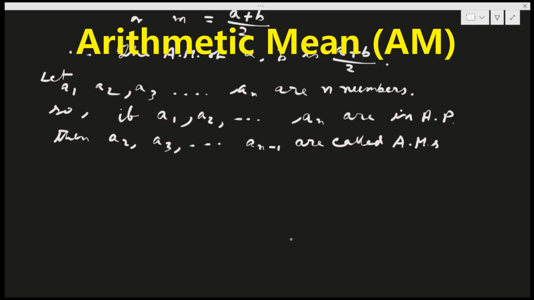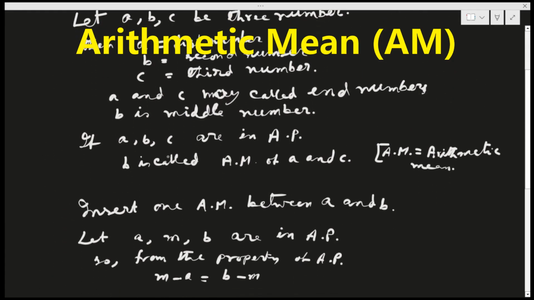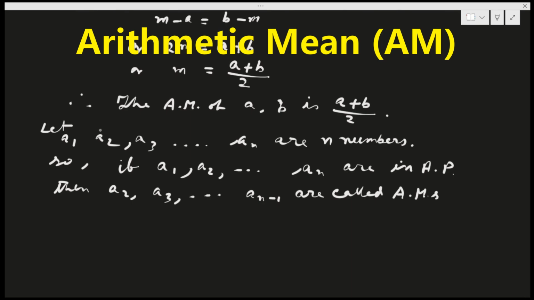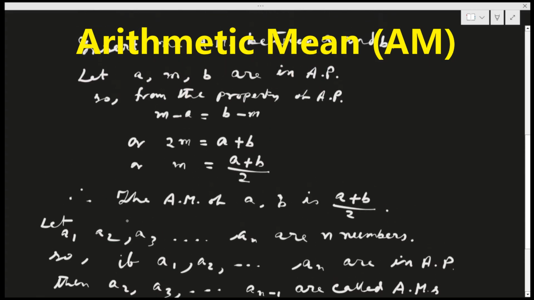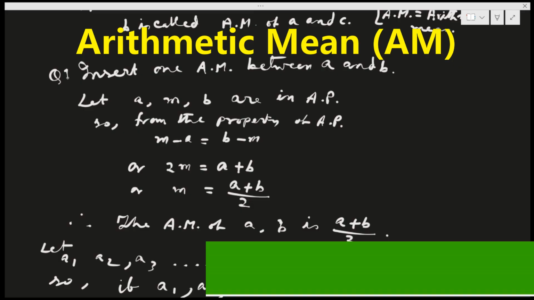Now we will find, as done before, insert one arithmetic mean between A and B, but in this case insert n arithmetic means between A and B. Therefore the question, or theory, may be written as: part 1, question 1.